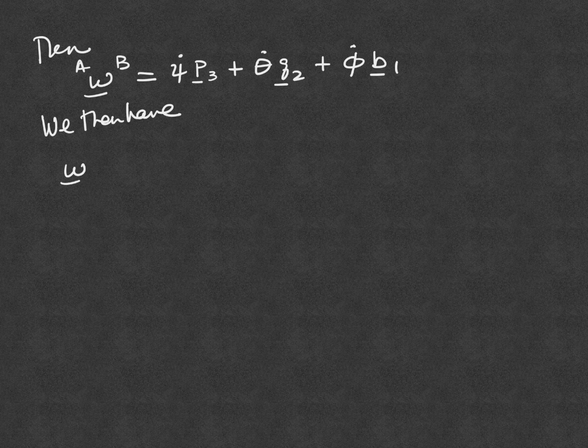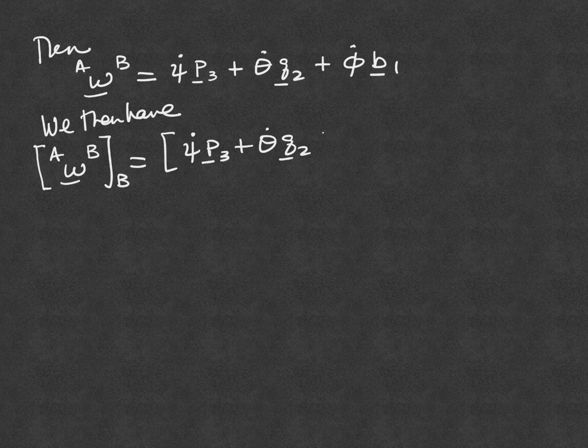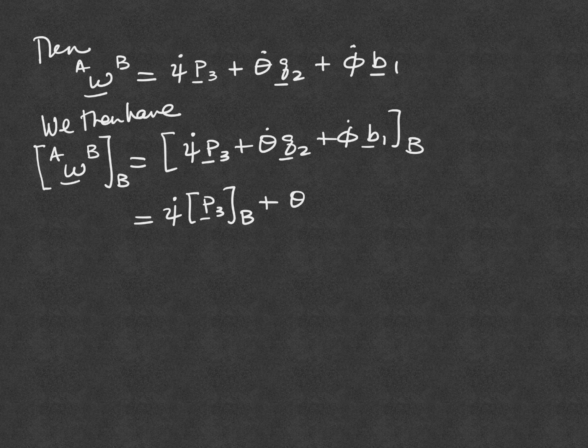So we then have that the angular velocity of B in A expressed in body fixed coordinates is equal to this entire expression, psi dot P3 plus theta dot Q2 plus phi dot B1, all expressed in body fixed coordinates, which is equal to psi dot P3 expressed in body fixed coordinates plus theta dot times Q2 expressed in body fixed coordinates plus phi dot times B1 expressed in body fixed coordinates.